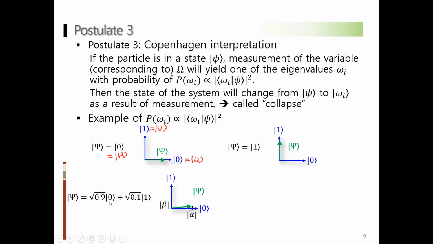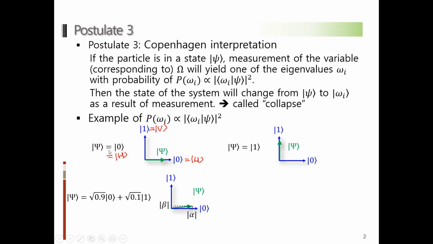On average, probably 90 times you will measure 0, and only 10 times you will measure 1. Quantum mechanics does not tell you when you will actually measure zero or one when the given state is in a superposition state.